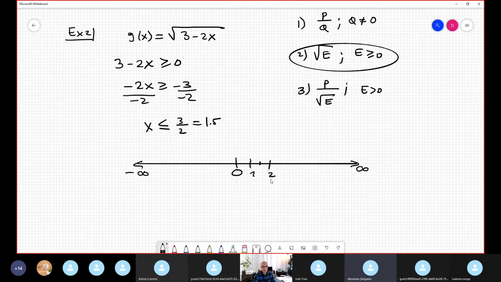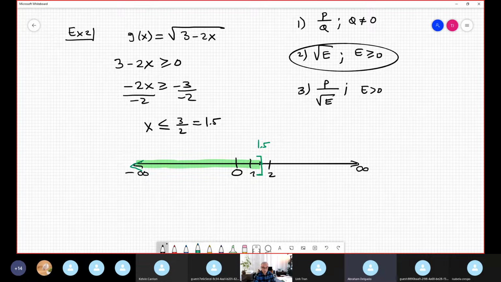This is less than or equal, so to the left, and include 1.5. Of course include, because I see an equal sign here. The symbolic way to indicate this idea is a bracket at 1.5.